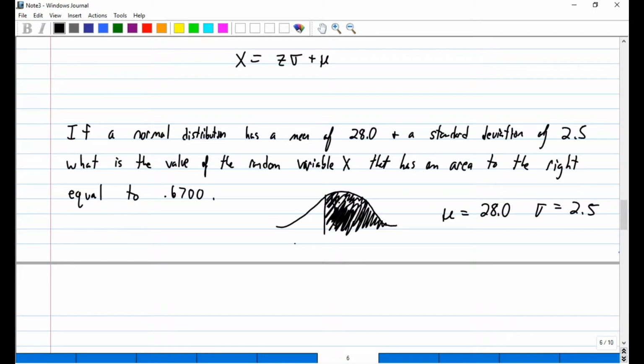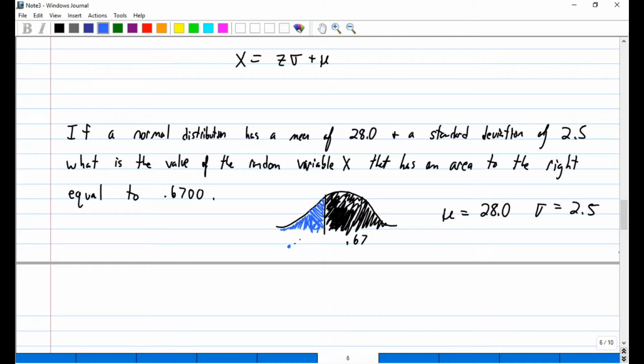So even if I use my tables, I can't use what it gives me, because it told me that the area to the right is equal to 0.67. To find a z-score in my table, I need to know the area to the left. Well, if we know that the total area under the curve is 1, then I can say 1 minus 0.67, and that will give me the area to the left.